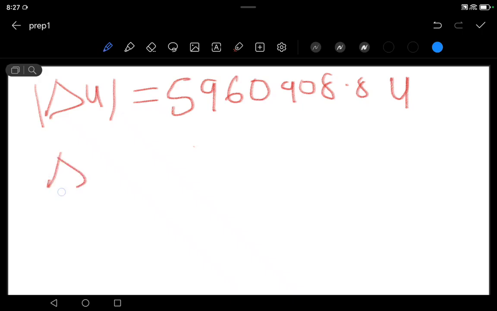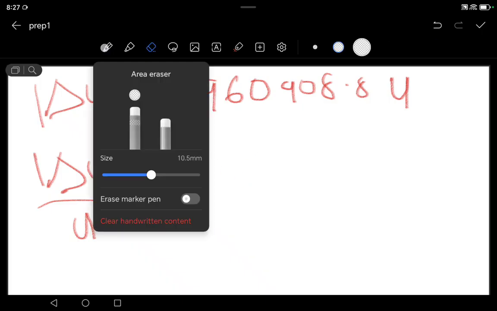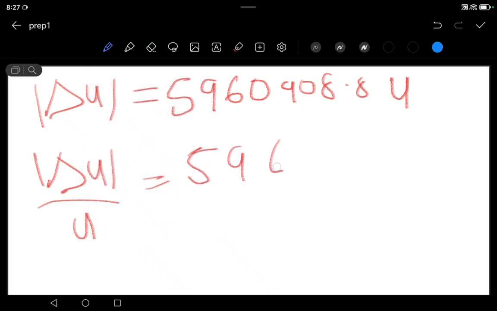So it's going to be changing u over u, and then we have this: 5,960,908.8. Okay, and then now we can calculate the value of u.